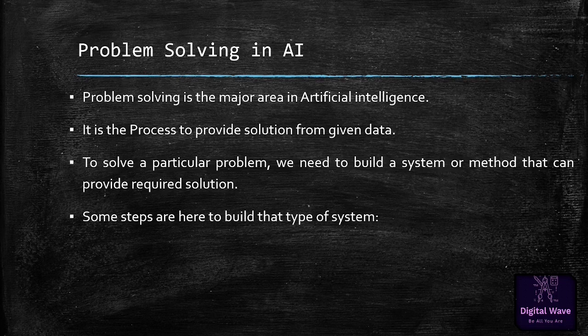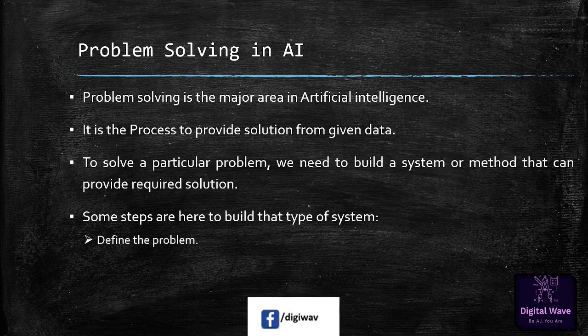There are some steps by which we can build that type of system. The first point is to define the problem. Here we have to specify the initial situation of the problem and what the final situation will be that constitutes an acceptable solution. The second point is to analyze the problem, to identify those important features which can have an immense impact on the appropriateness of various possible techniques for solving the problem.